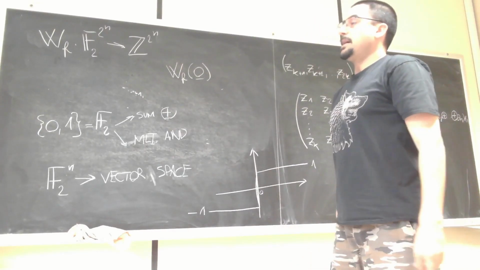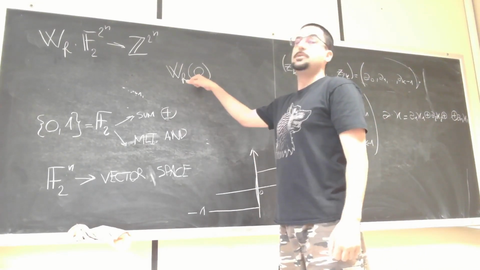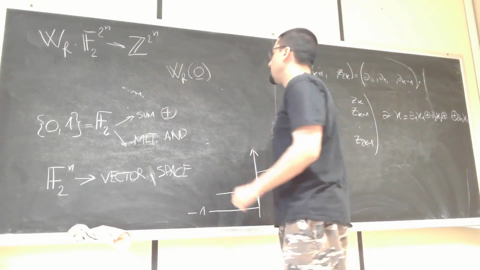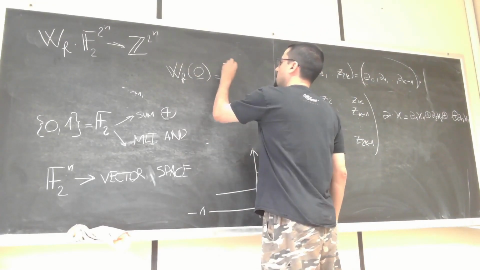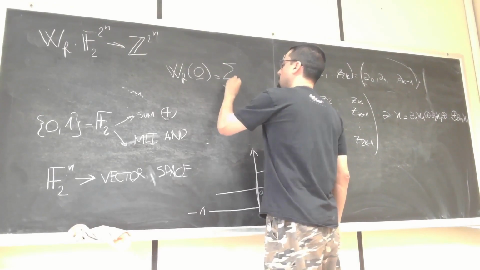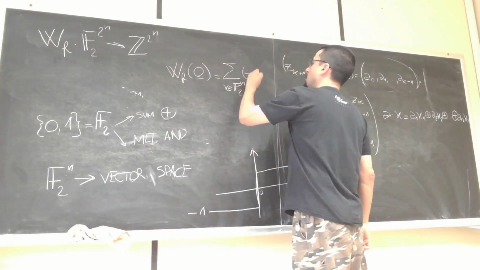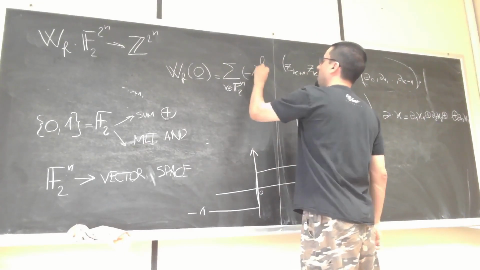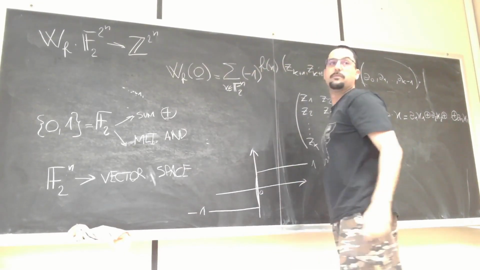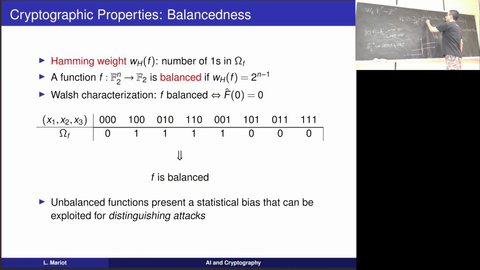When you set this to 0, you are only summing, for all possible inputs, the value of the function f of x. This is the reason why, if you get 0 here, it means that you have an equal number of -1 and +1, so they cancel each other out.